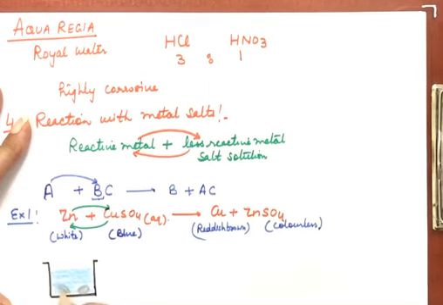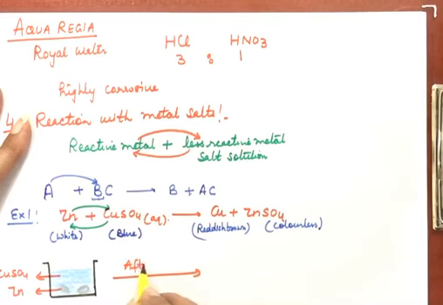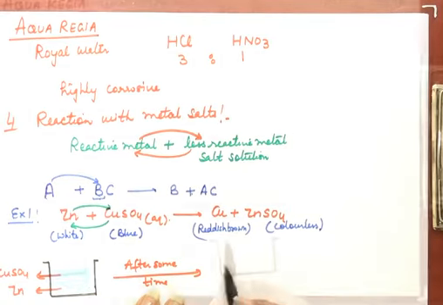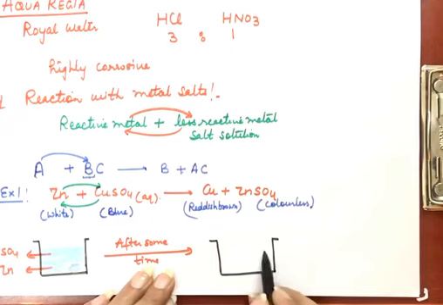So in the beginning, I'm writing the formula only, copper sulfate, and this is the zinc metal. After some time, what will we see? The color will change, and the solution here becomes colorless.